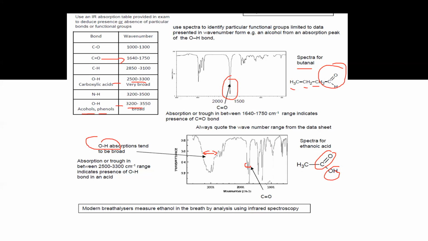Using this, we identify that OH is also there for carboxylic acid and C double bonded with O. So basically, this is a carboxylic group present in this molecule. So using infrared spectroscopy, we can identify the type of the bond present.